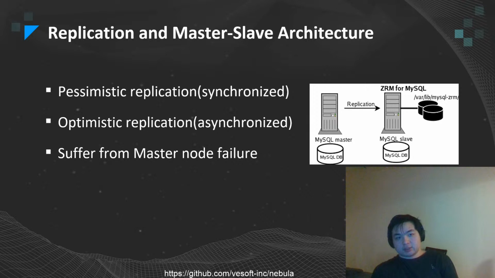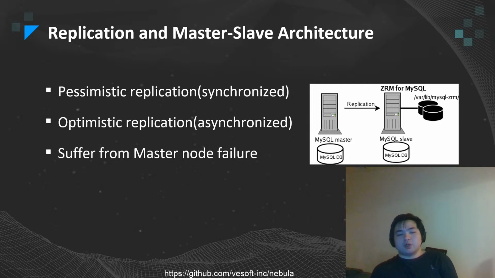Their communication can be separated into two ways, which focus on different purposes. One is synchronized replication, which means that the master will wait until all of the slaves have finished their write commits, and then the master will say the commit is done.